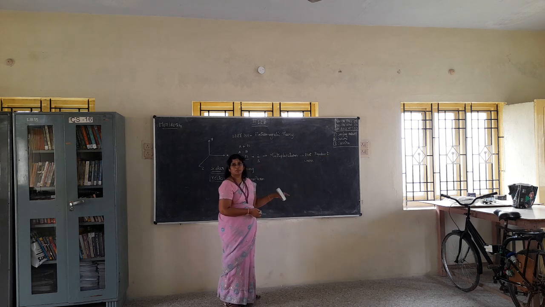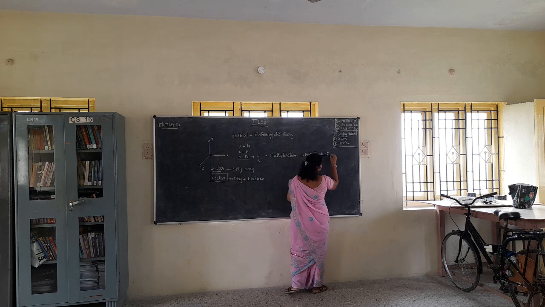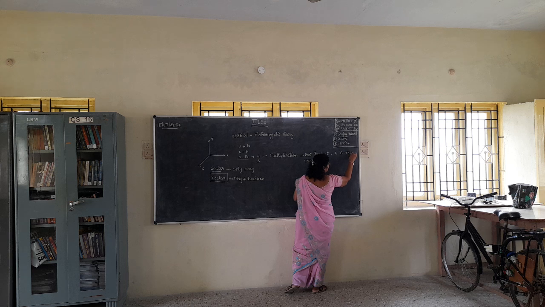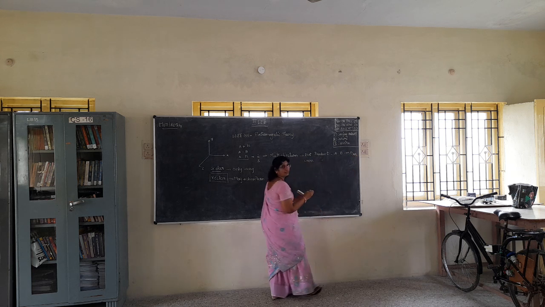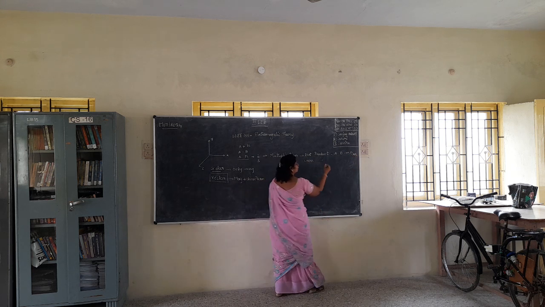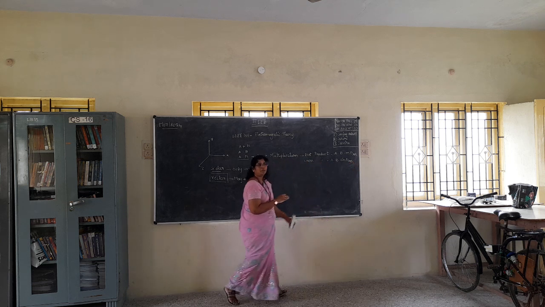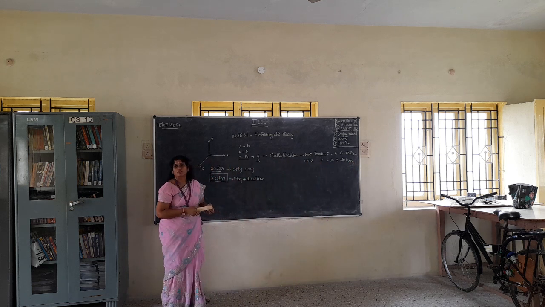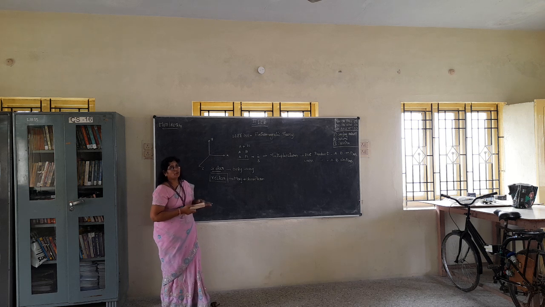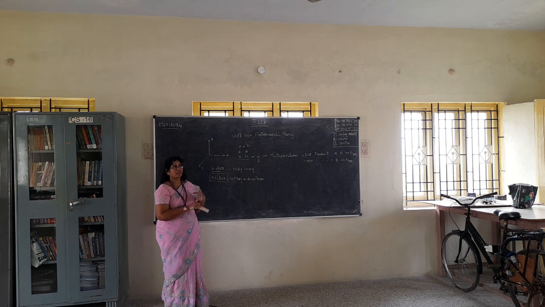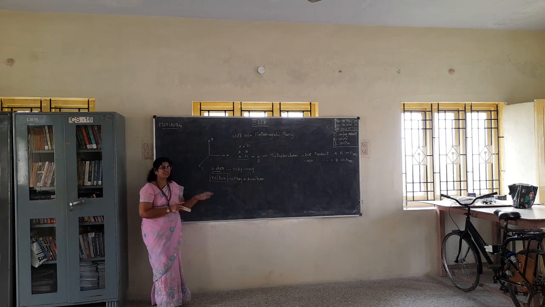In the dot product, if you are considering two parameters, it is magnitude of A vector times magnitude of B vector into cos of the angle between A and B vectors. For the cross product, the formula will be magnitude of A times magnitude of B into sine of the angle between A and B vectors. So dot product means AB cos theta, cross product means AB sin theta.